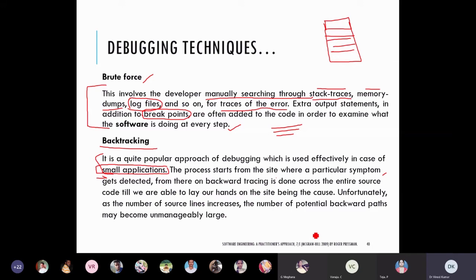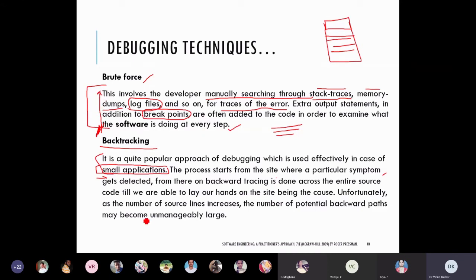Wherever you have detected the problem, say at line number 10 or line number 20, you go to that line and then keep checking upward.